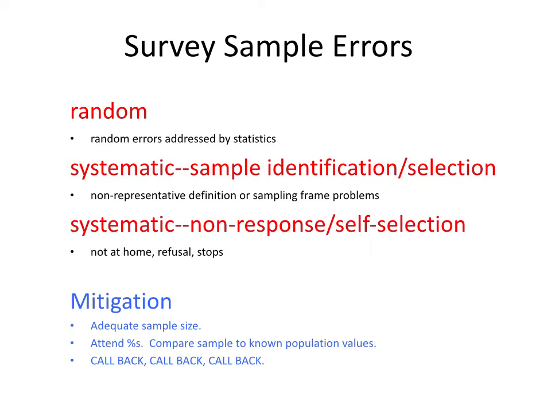In survey research, random errors are inappropriate or non-representative distributions of individual differences. So that term, individual differences, is an important concept. Individual differences are ways that members of the sample can be different.